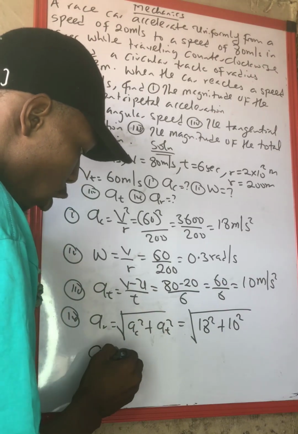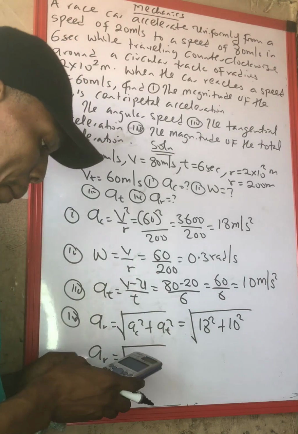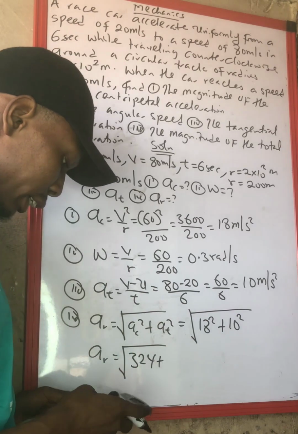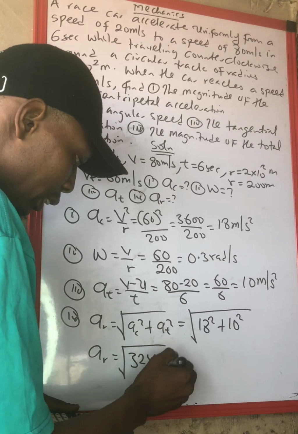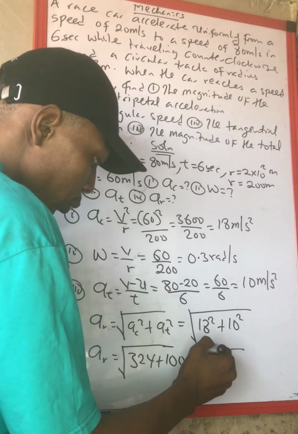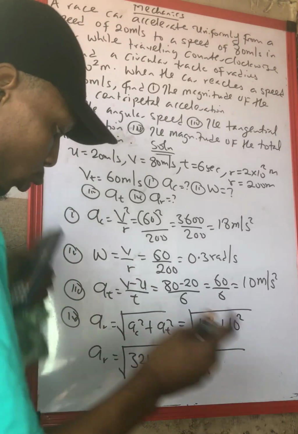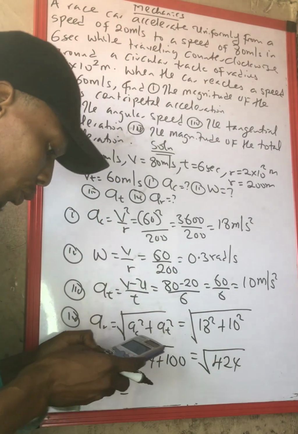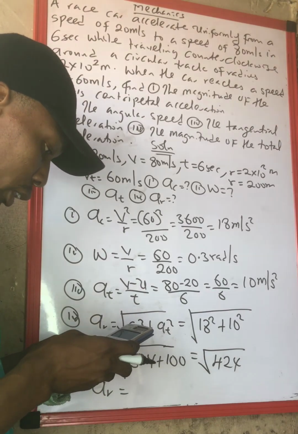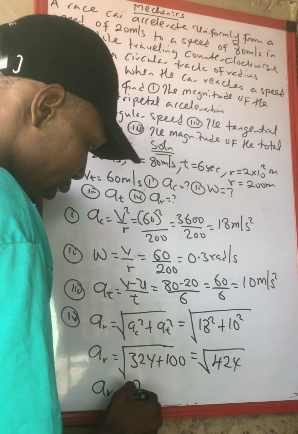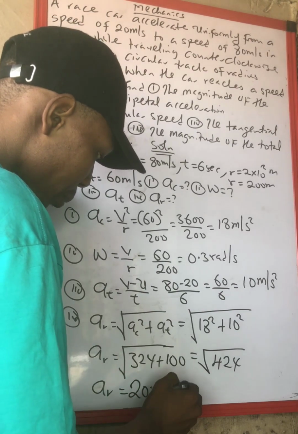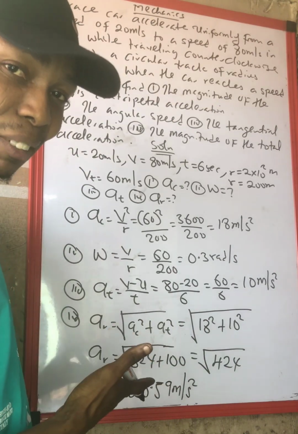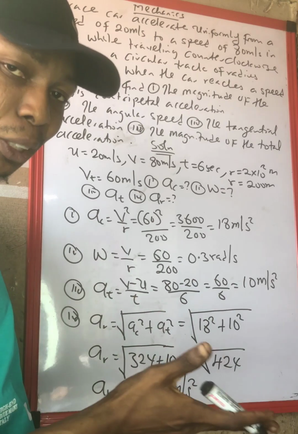So our AR becomes the square root of 18 squared, which is 324, plus 10 squared, which is 100. So we get the square root of 324 plus 100, which is 424. And AR is the square root of 424, so it's going to give us 20.59 meters per second squared. So as easy as possible.